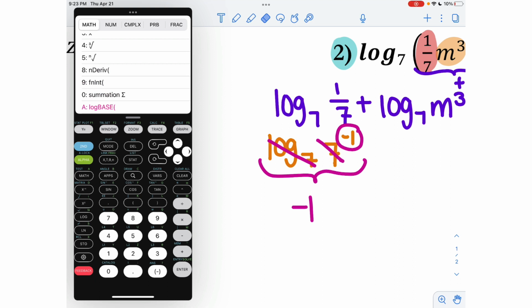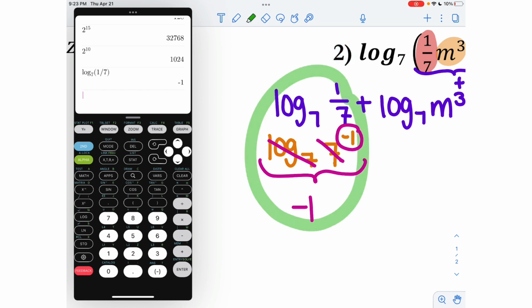It's letter A in your calculator. So you could type in log base 7 of 1/7, and your calculator will confirm that it's equivalent to -1. You get a calculator on your assessments, so if this part is confusing, it might be helpful to double check on your calculator how to simplify.